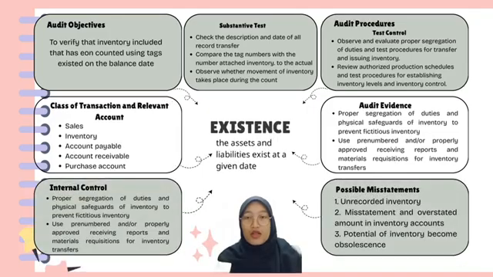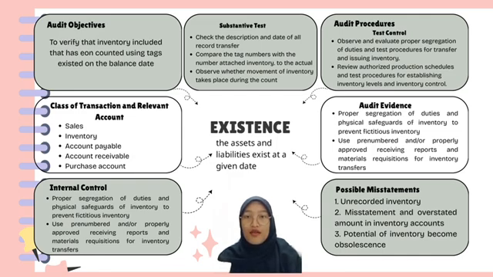This slide focuses on the existence assertion, which is crucial for confirming that all assets and liabilities recorded actually exist at a given date. Our audit objective here includes verifying the inventory has been counted using tags. We will discuss substantive tests like checking record transfers and comparing tag numbers to actual inventory, along with observing inventory movement.